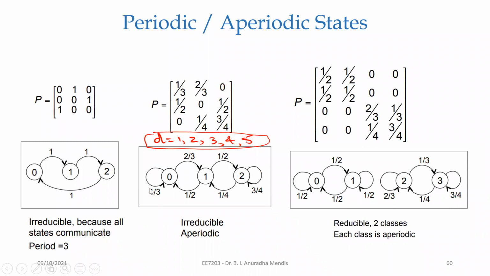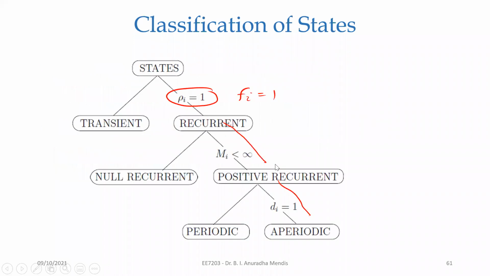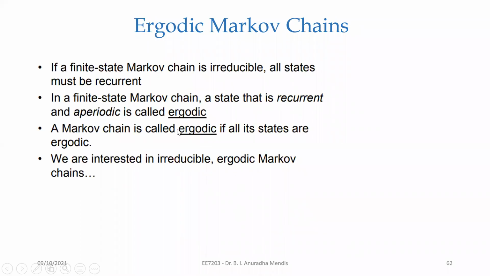We are going to handle all the irreducible Markov chains. So there are no separate two classes in our Markov chain, and the states are recurrent, positive recurrent, and non-periodic. That type of states we call ergodic states. So if all states in a Markov chain are ergodic, then we call the Markov chain also an ergodic Markov chain.